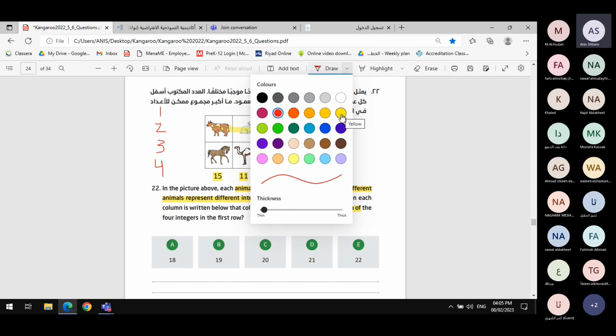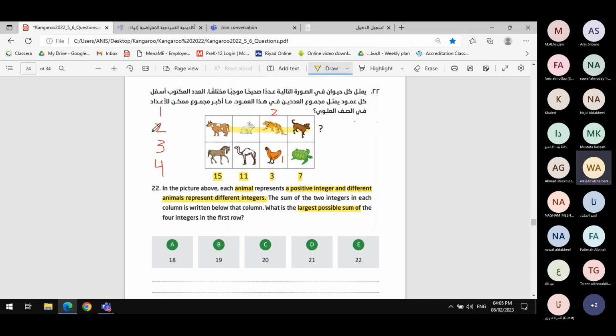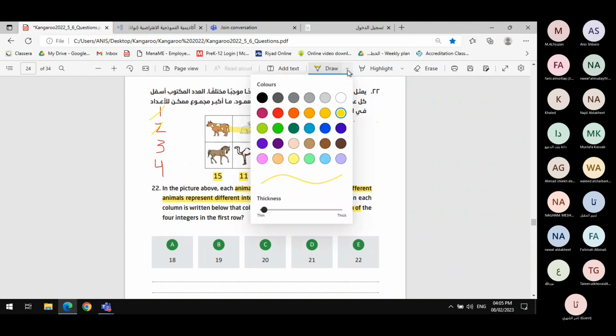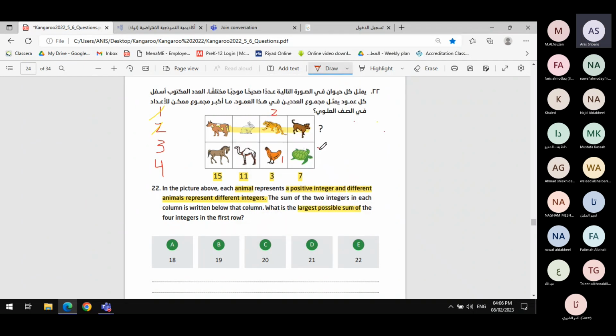After that, we went to the next one, which is the turtle. Which number do we assign to the turtle? 3, because we already used 1 and 2: the chicken took 1, and the tiger took 2. So number 3 for the turtle.